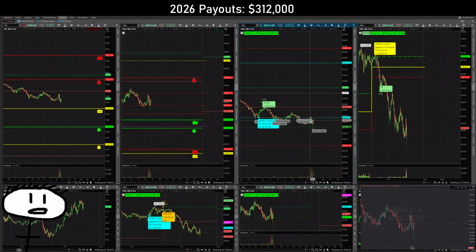But if we dip below to it, I'll probably buy it anyway. Oh, TradingView is also delayed by 1 bar. Dude, that's so stupid, man.